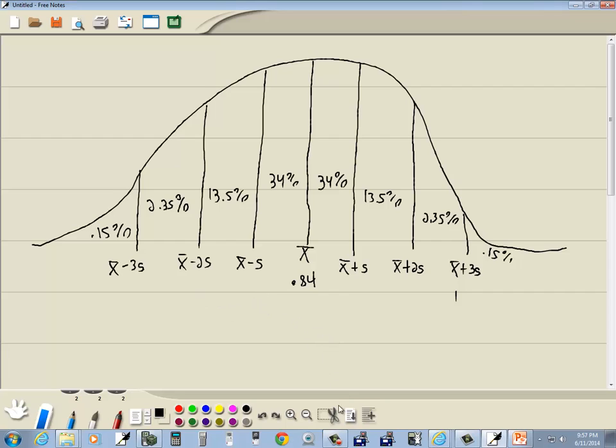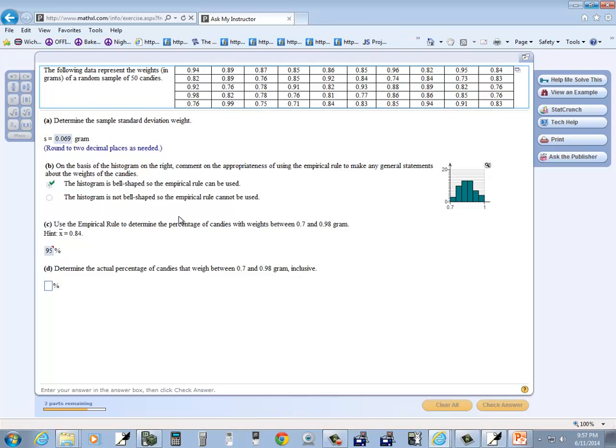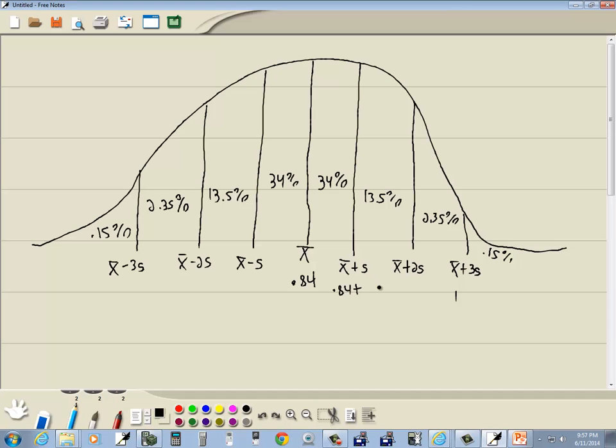Okay, so we got 0.84 plus, rounding to 2 decimal places again, 0.07, and that is 0.91. Then I add 0.07 again, and that gives me 0.98.